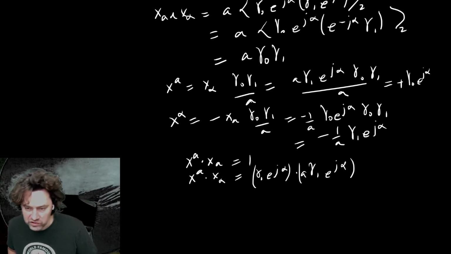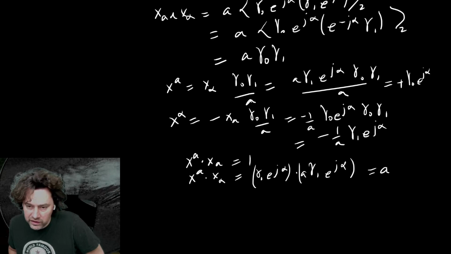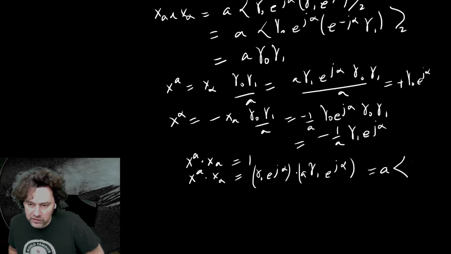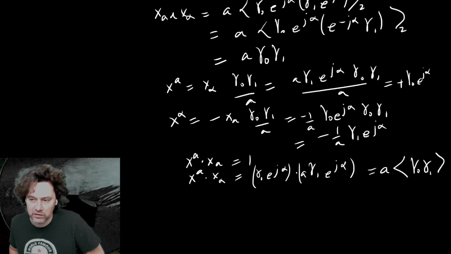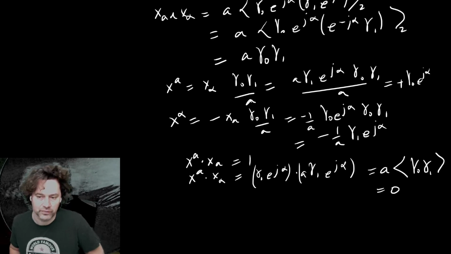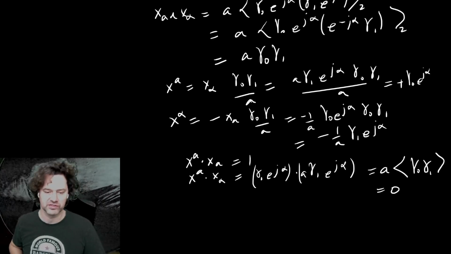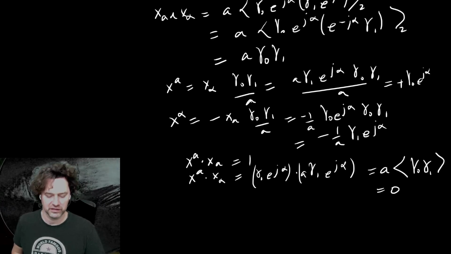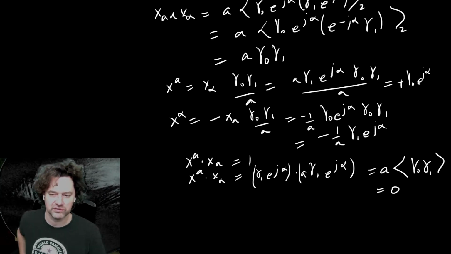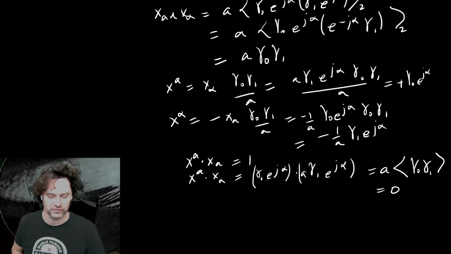And again, that is just going to be the grade 0 selection of A gamma naught gamma 1, which is 0. Okay, and you could do the same thing for the other pairs, and we should find that we have the reciprocal relationship that we require.